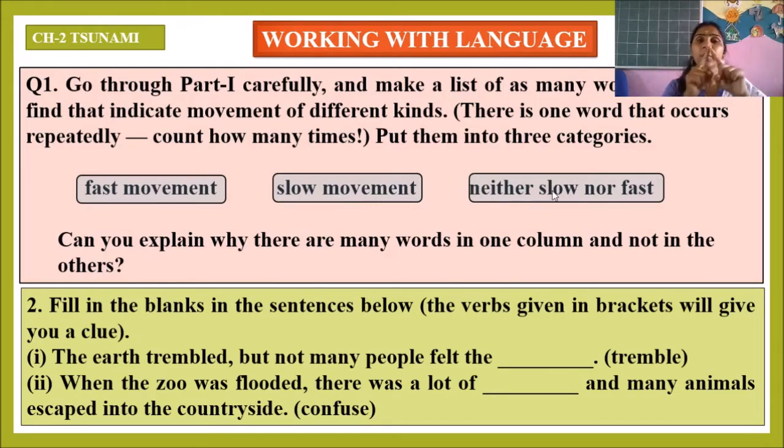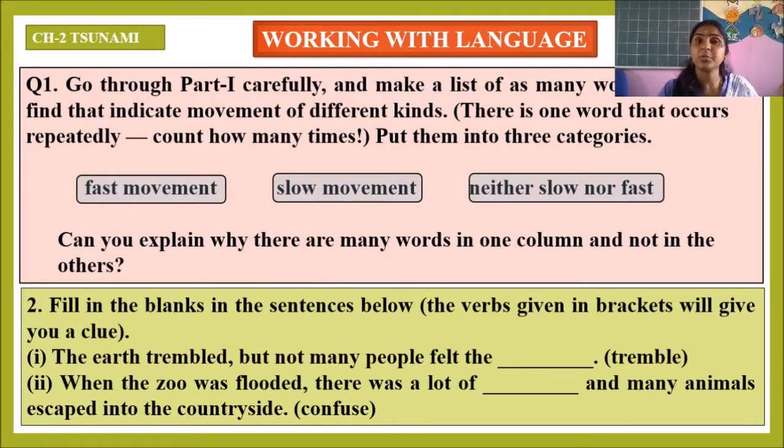You can draw a tabular form also. In the tabular form, you can mention the headings: fast movement in one column, slow movement, and the third one neither slow nor fast. Now you have to read the lesson and find the words related to fast movement. Like suddenly, if a tsunami is occurring, right?